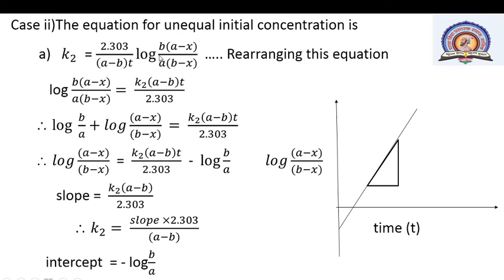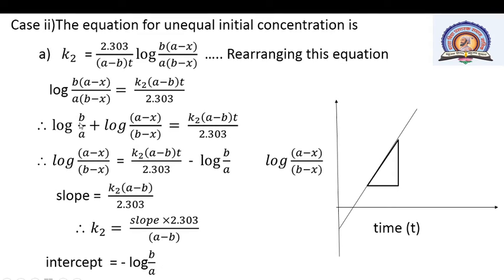The equation for unequal initial concentration is k2 is equal to 2.303 upon (a minus b) into t log [b(a minus x) divided by a(b minus x)]. Now rearrange this equation: log [b(a minus x) divided by a(b minus x)] is equal to k2 into (a minus b) into t divided by 2.303.